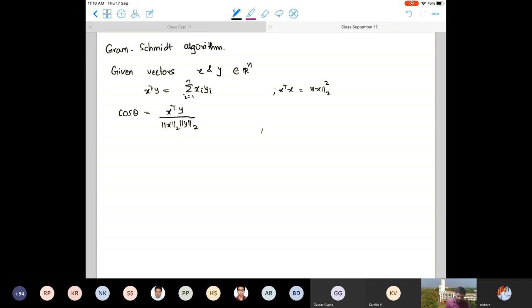And if you see the diagram, what is the diagram I'm drawing? This is my vector x, this is my vector y. With these vectors x and y, we really want to understand how this inner product and the angle between the vectors really come into the picture.